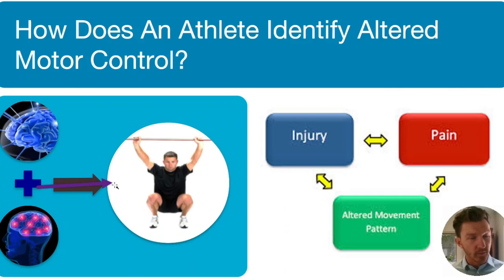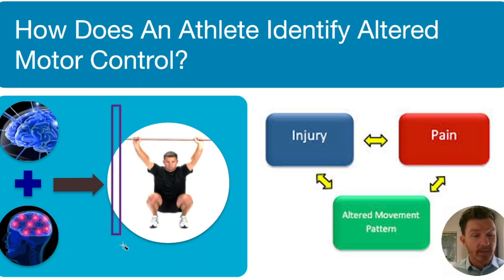It's really hard to assess what is going on with the Golgi tendon organs and the receptors, and it's really hard to assess what's going on in the brain. But we can assess the output.